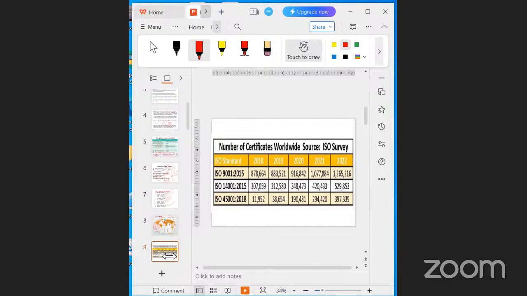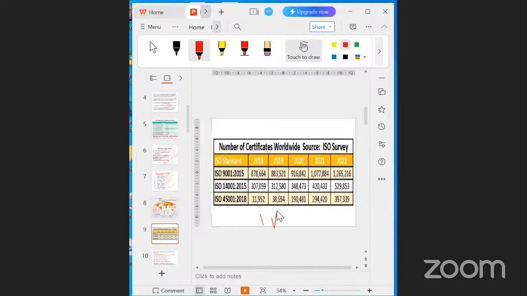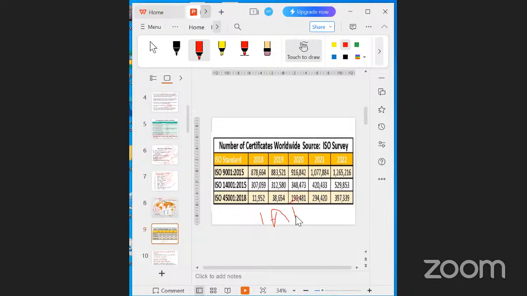So they are submitted by certification bodies accredited by members of the International Accreditation Forum, that is called IAF, right? International Accreditation Forum. So this accreditation data was provided from the IAF, right?